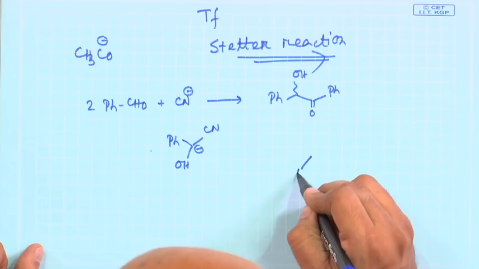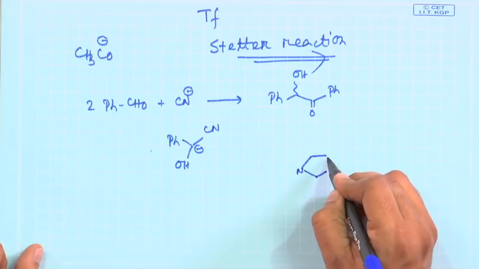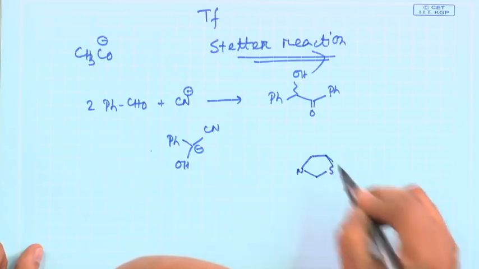This kind of transformation is known in living systems for a long time, and particularly vitamin B1 or thiamine analogs have been known for a long time to catalyze those kinds of reactions.